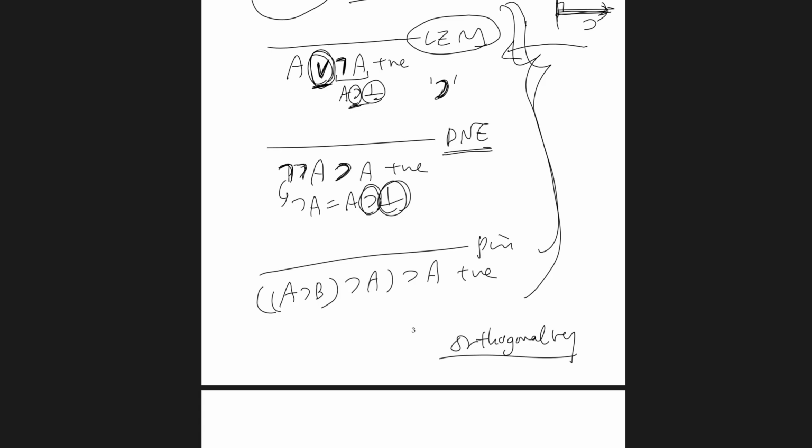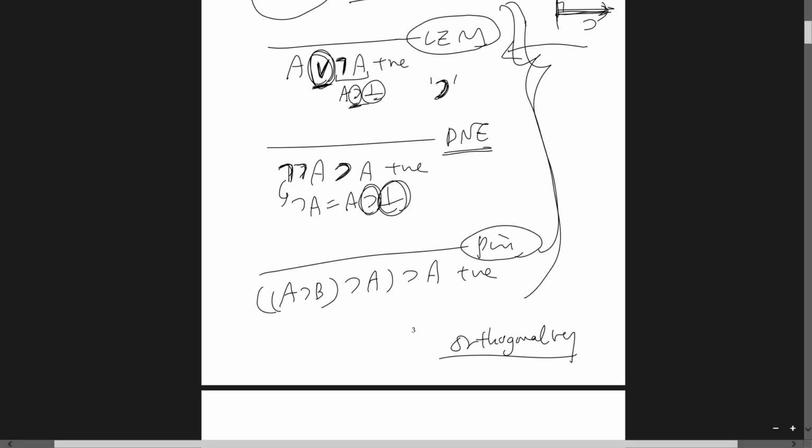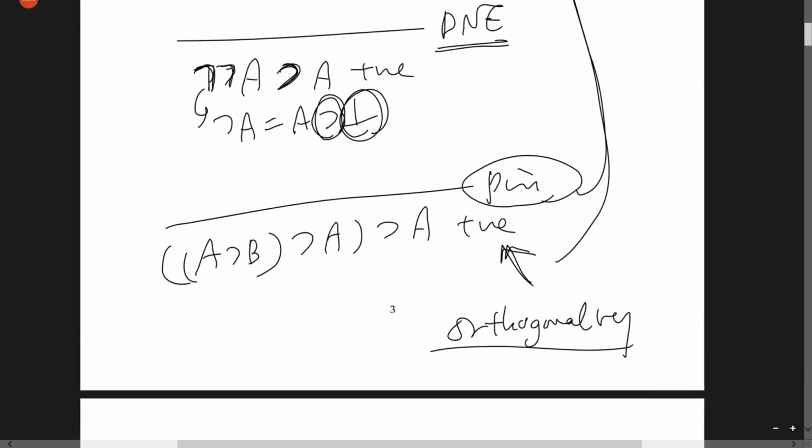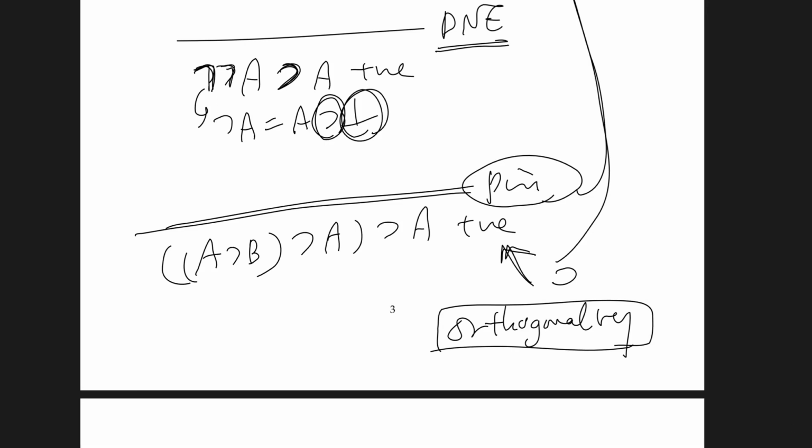But I guess the best example is this Peirce law, because this rule appears to preserve orthogonality, because now you have only one kind of logical connective, namely implication. So it appears like this Peirce law preserves orthogonality, but in reality, it actually destroys orthogonality, precisely for the same reason as before.